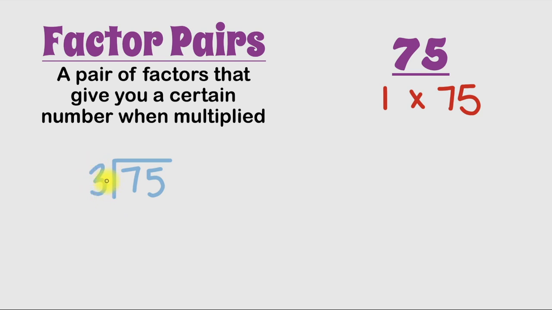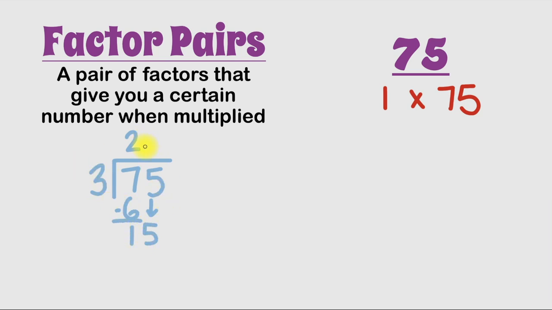How many times can 3 go into 7? Well, that's 2 times. So we'll put a 2 on top of the 7. Because 2 times 3 equals 6. When we subtract that, we get 1. The next step is to bring down the 5 and then repeat the process. Can 3 go into 15?